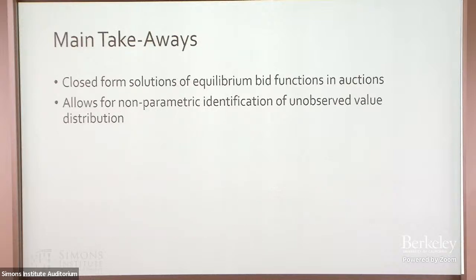Some main takeaways from that literature are that closed form solutions of equilibrium bid functions in auctions allow for non-parametric identification of the unobserved value distribution. As opposed to the types of estimation strategies we had in the previous part, where we made some parametric assumptions on the private signals, here you can non-parametrically identify the private value distribution.